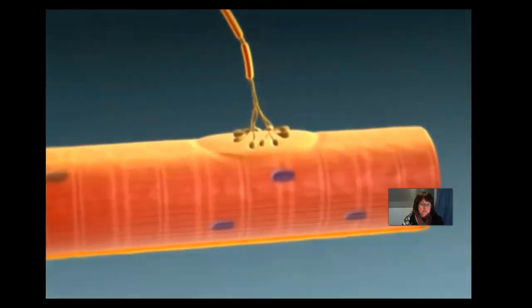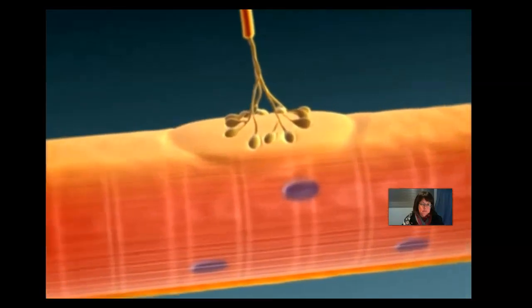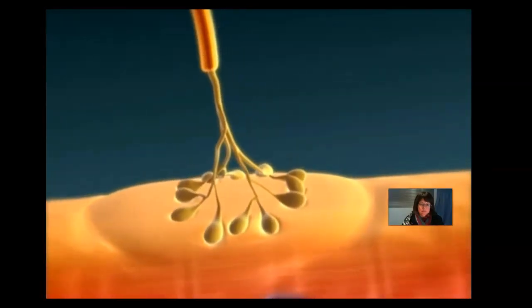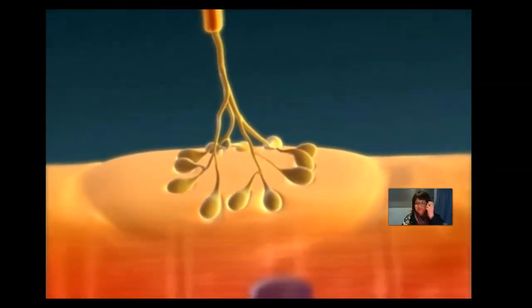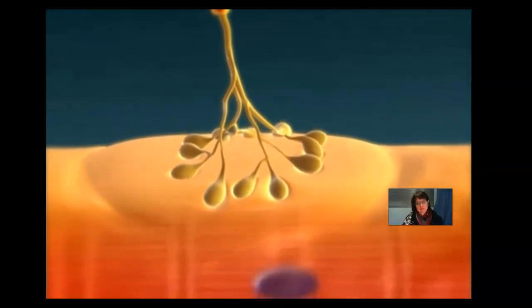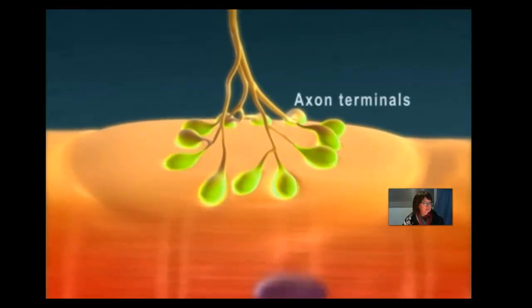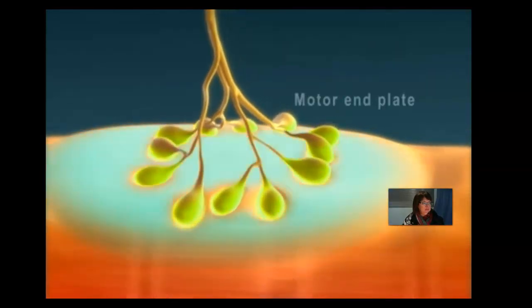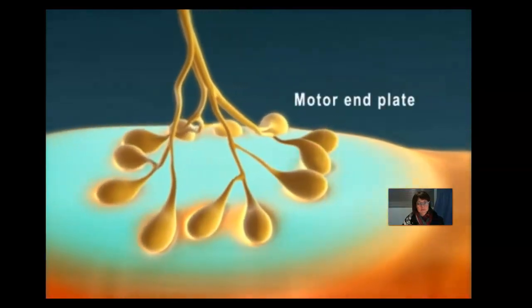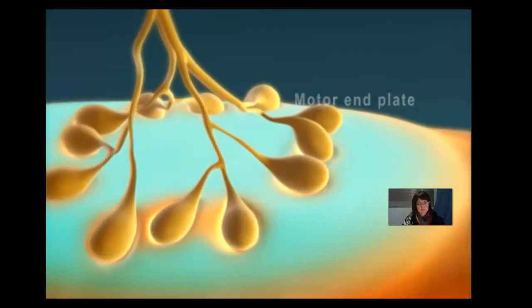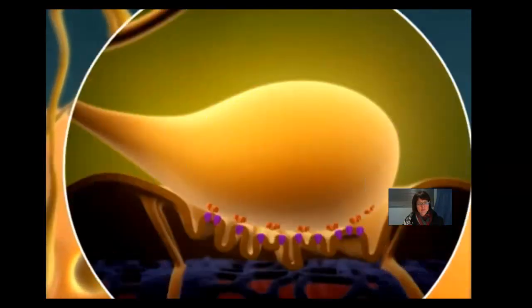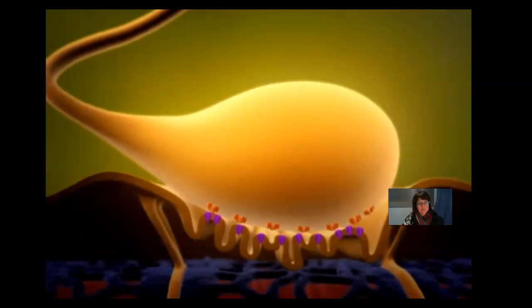The site where a motor neuron excites a skeletal muscle fiber is called the Neuromuscular Junction. This junction is a chemical synapse consisting of the points of contact between the axon terminals of a motor neuron and the motor end plate of a skeletal muscle fiber. The events at the neuromuscular junction occur in 7 coordinated steps.